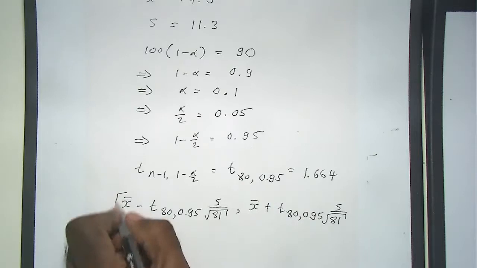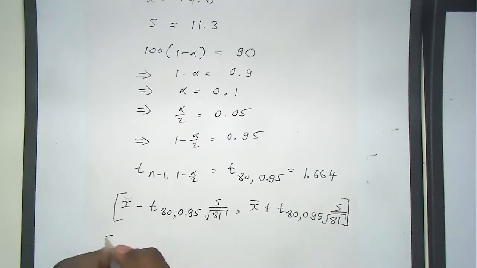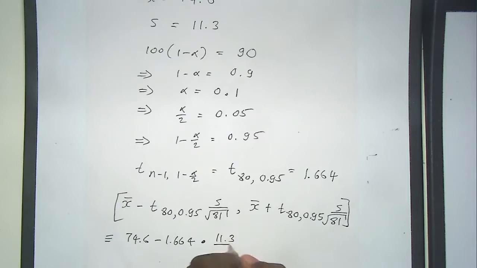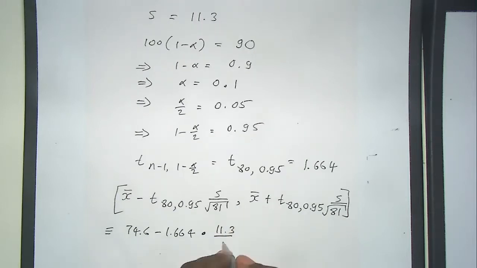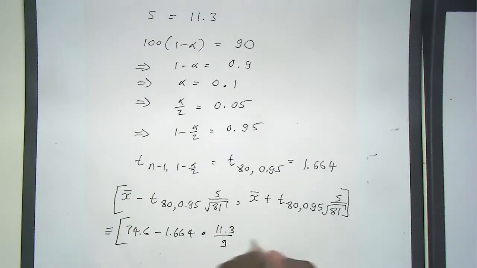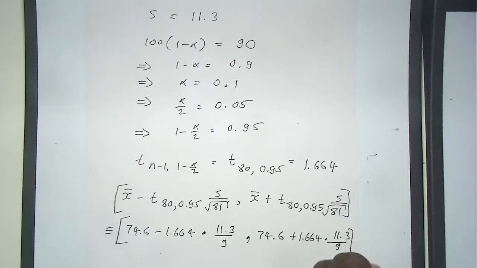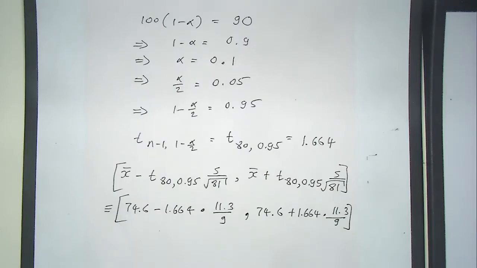So this would become x bar, 74.6, minus 1.664 multiplied by s, which is 11.3, divided by the square root of 81, which is 9. And then the same thing with the plus. If you have a calculator, you can work this out. So it's done. Can you do question 2, please, now?